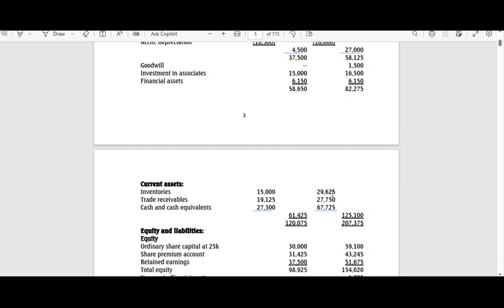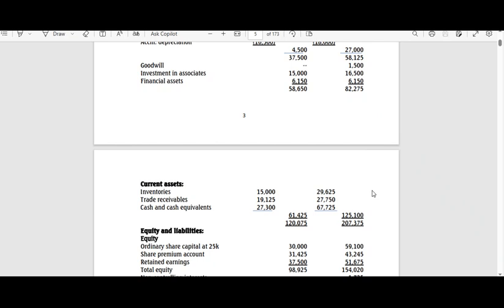Is it an increase or a decrease, an outflow or inflow? For inventories, it is an outflow, because there is an increase in the inventory.